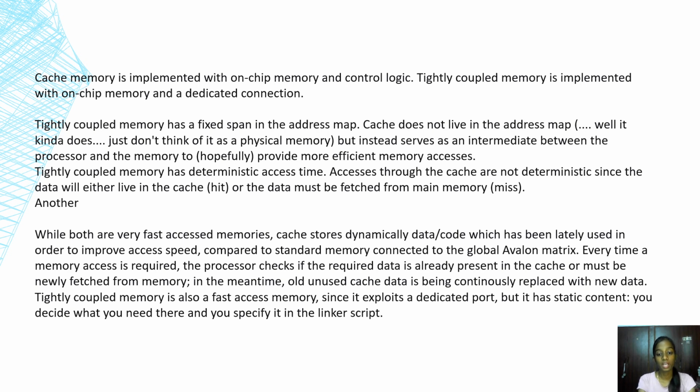Meanwhile, old unused cache data is continuously replaced with new data. Tightly coupled memory also uses fast access memory. It is a dedicated port, but it has to be decided which code or data is to be placed there, and you can specify that in the linker script. So this is about the cache memory and how it is implemented.